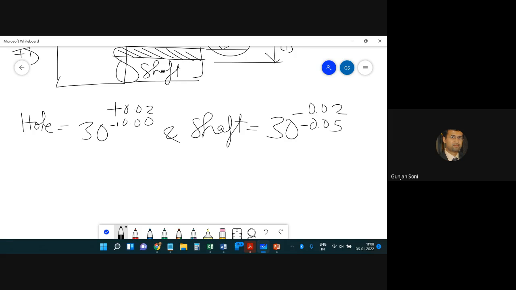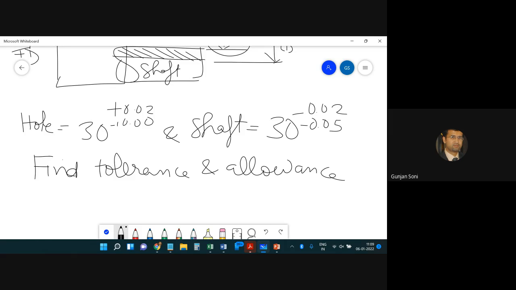Now here we have to find out tolerance and allowance. So this is an assembly. Tolerance we find out individually for hole and shaft, and allowance we find out for assembly. So always remember, allowance is always found out for an assembly and not for a single hole or a shaft, while tolerance we find out for hole and shaft.